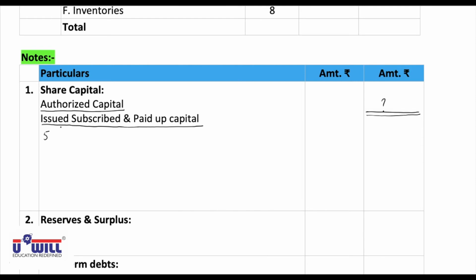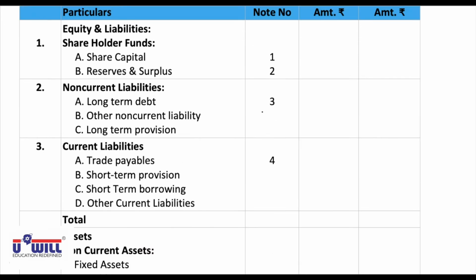Now we will have 50,000 equity shares of rupees 3 each. The new face value is 3 rupees. 50,000 equity shares of rupees 3 each, 1,50,000.